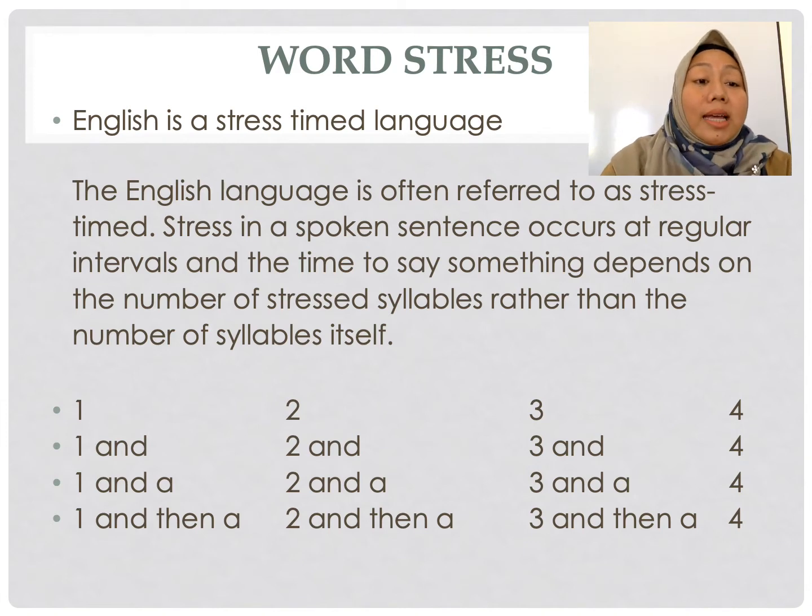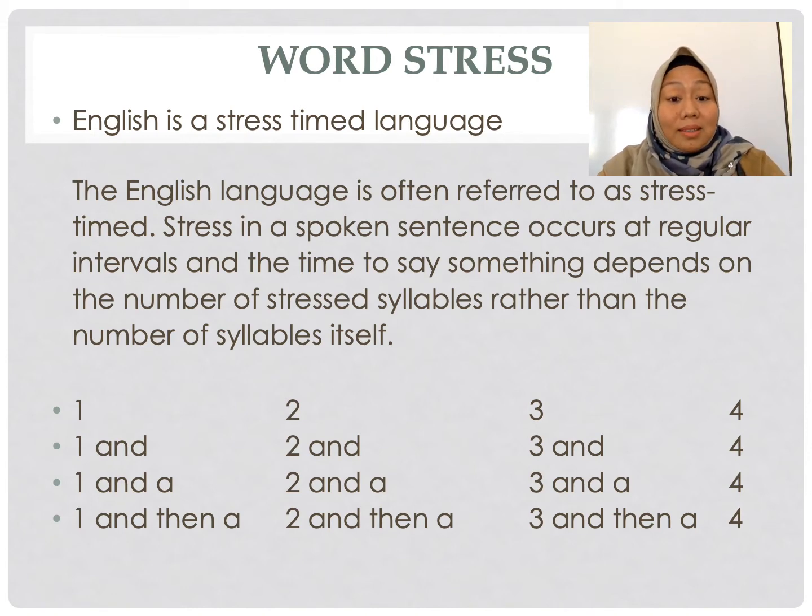Okay, now it's different from English because it is a stress-timed language. In English, the stress in a spoken sentence occurs at regular intervals, and the time to say something in English depends on the number of stressed syllables rather than the number of syllables itself.